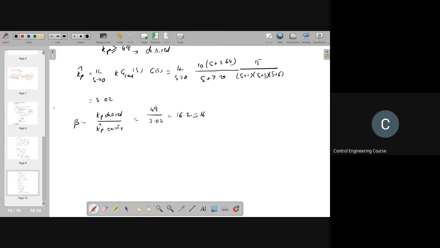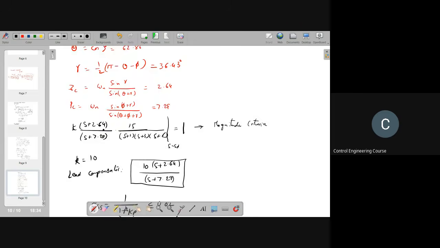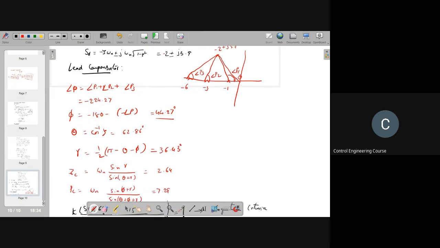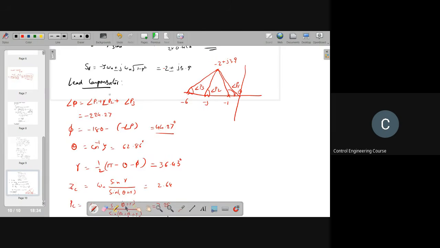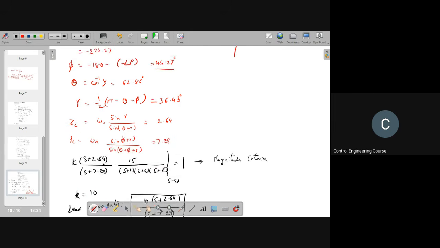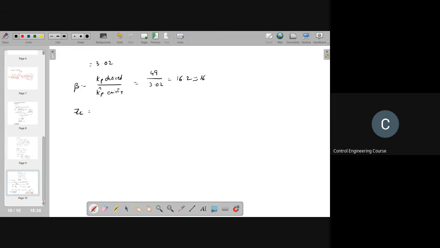This time I'm placing the zero location 10 times below the real part of the desired pole. The real part of the desired pole location is -2, so taking 10 times below that, 2 by 10, that is 0.2.